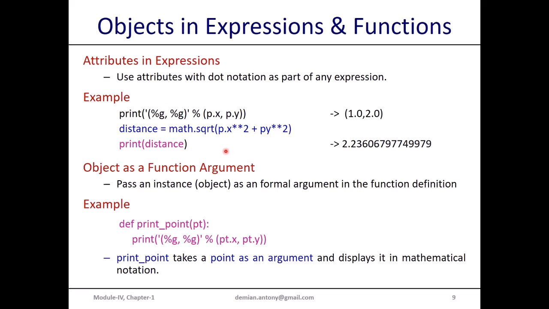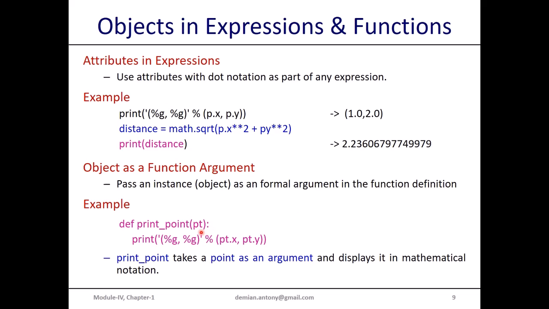We can also pass the object as an argument to a function like this. Assume that we have a function which is defined as print point, which takes the object, and the body of this function is just to print the contents of the object, that is the attributes of the object.